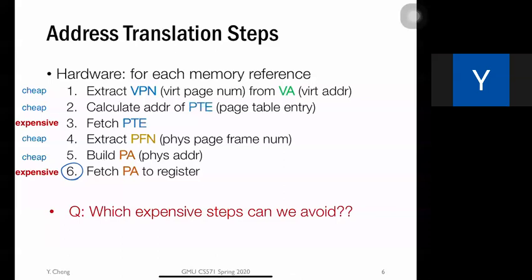The first expensive step, step number 3, fetching the page table entry, could be eliminated, because this is just for fetching the page table entry that is stored within the memory. In other words, this is just to facilitate the virtual address to physical address translation. This is one of the steps supporting that. So this could hopefully be effectively eliminated. But the question is how, right?